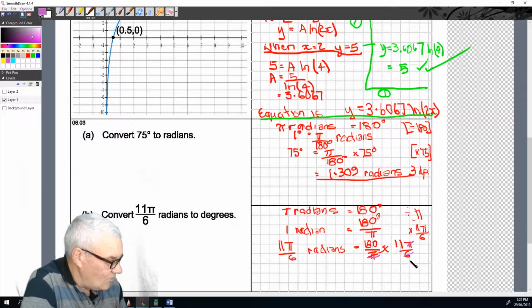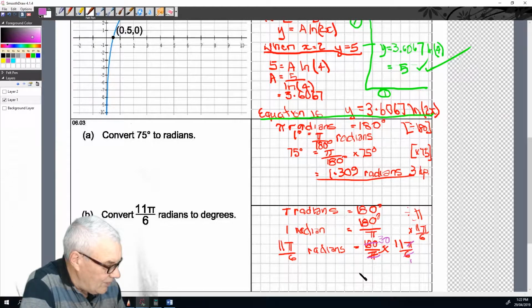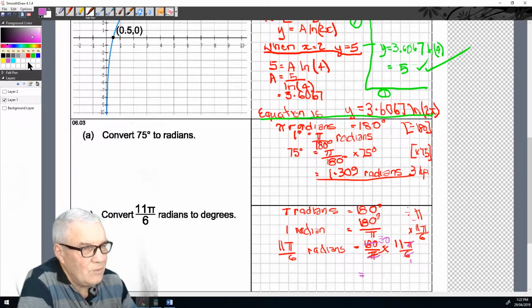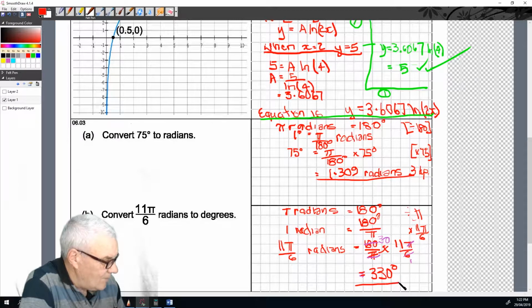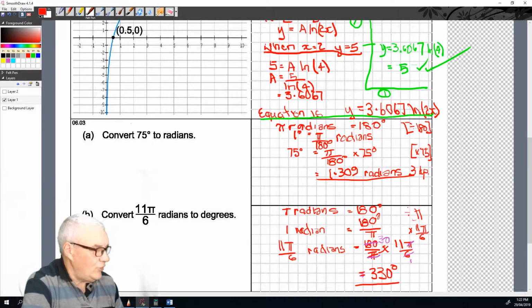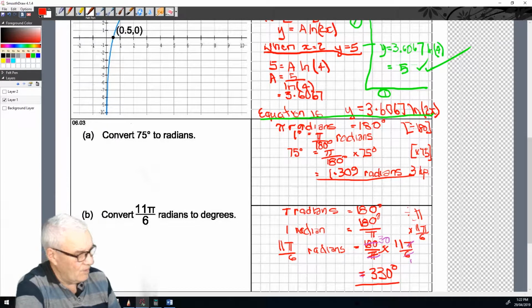6 goes into 180 30 times. Okay, and then so that equals 30 times 11, which is 330 degrees. 11 pi by 6 is 330 degrees.